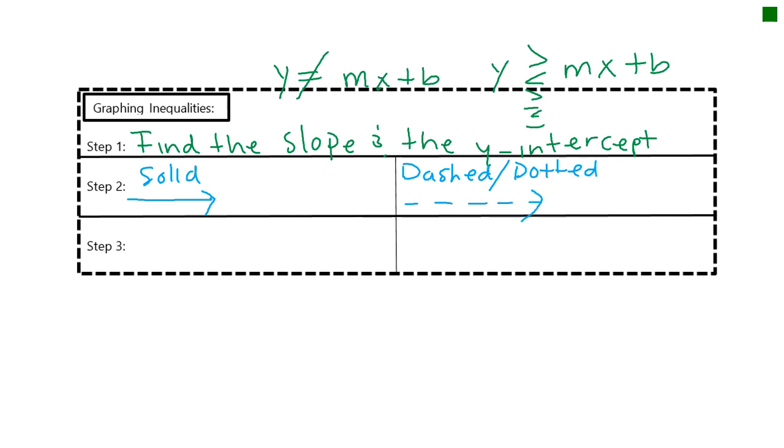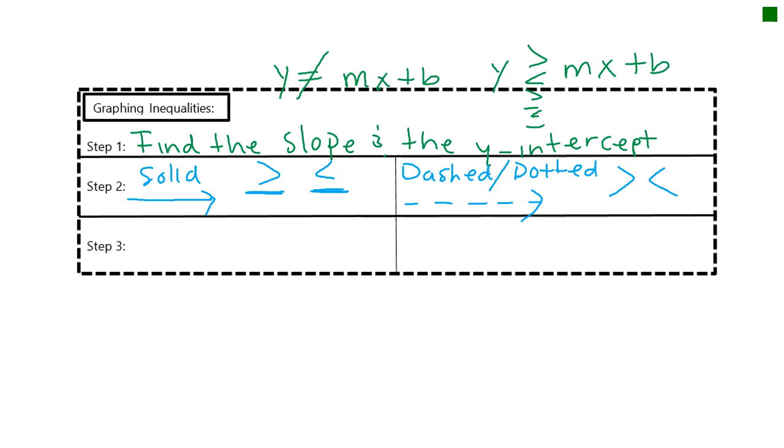If your line is solid, the symbol that you are using is the greater than or equal to or less than or equal to. Notice how they have that equal on the bottom. It looks like a solid line, right? So that's how I remember that those symbols represent solid. Dash and dotted are greater than or less than symbols.